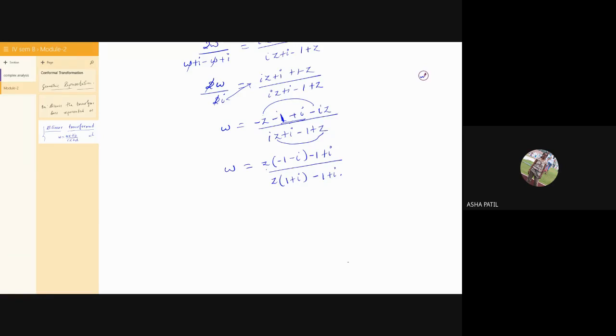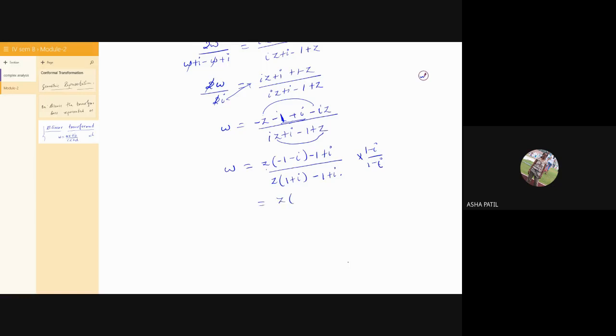Can we go for any simplification? If we multiply by 1 minus I, will it simplify? Just check it, don't write. Let us check. If you multiply and divide by 1 minus I, what happens?